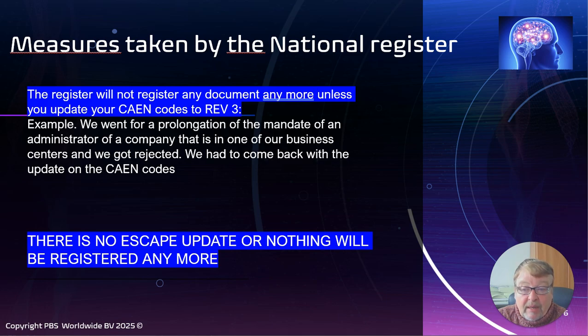We made the paperwork and tried to register the decision to prolong his mandate, and they said, no, we will not register, you have to do the CAEN codes also. So then, in a hurry, we did the CAEN codes, we went with the decision on the CAEN codes and the decision to prolong the mandate, and then they registered, and as already told, they reissued the Certificate Immatriculare with the two new codes, meaning the EU ID and the new format of the registration number in the register.